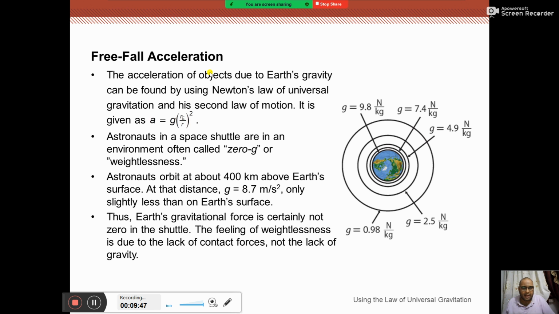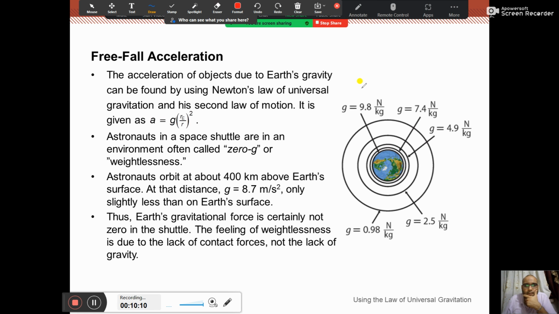So we can calculate the acceleration by making a ratio between the radius of the Earth and the total distance from the satellite to the center of the Earth. I want to get the free fall acceleration here, so I simply say R_E is the radius of the Earth.